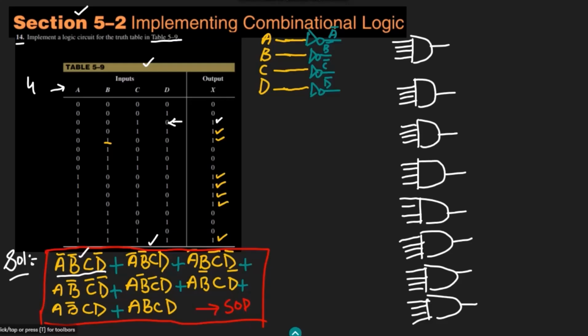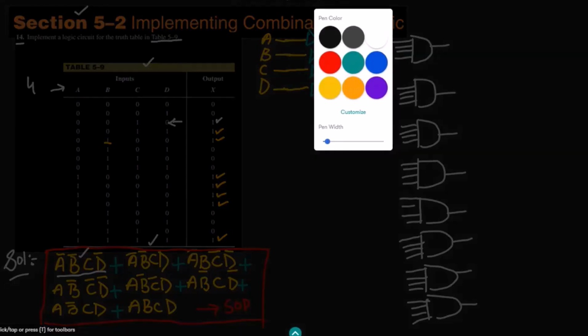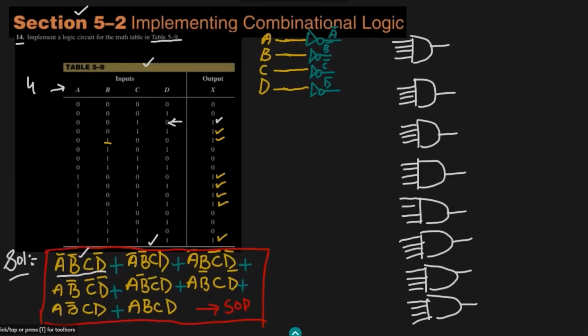What I have to do for each of them is give some inputs. Let me use this color. Here for the first one I will give A complement, B complement, C, D complement.